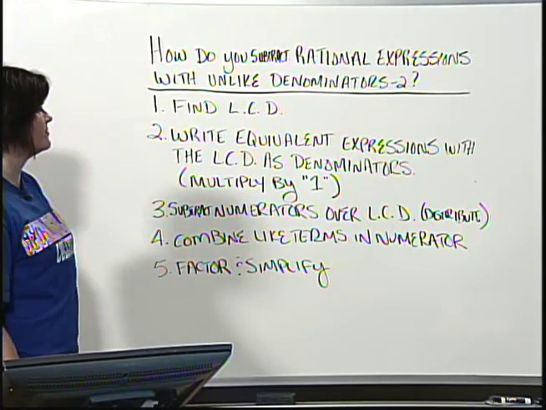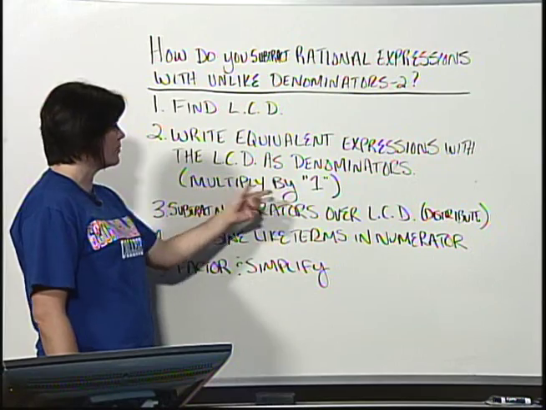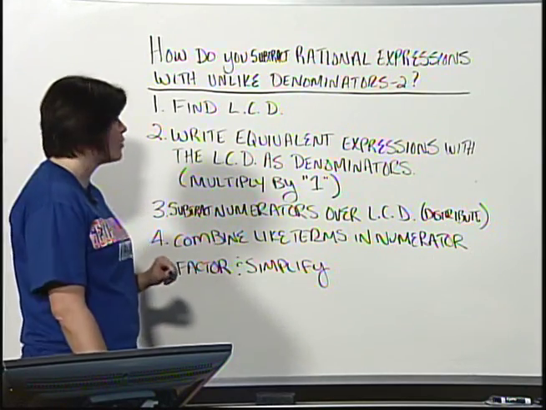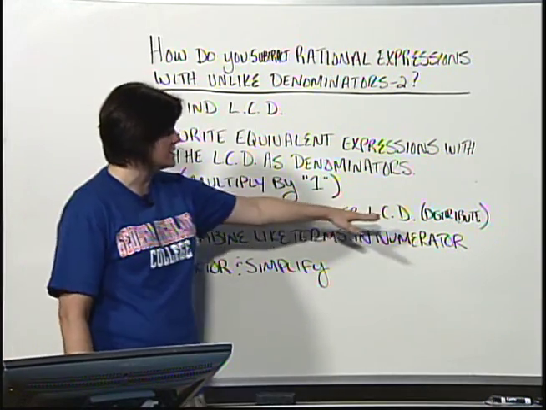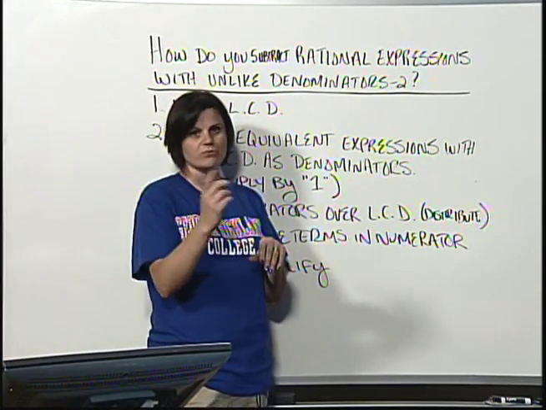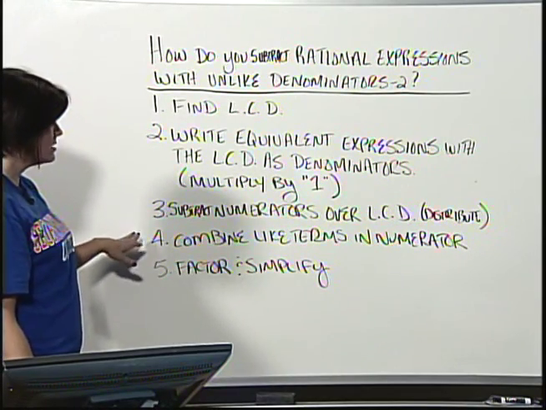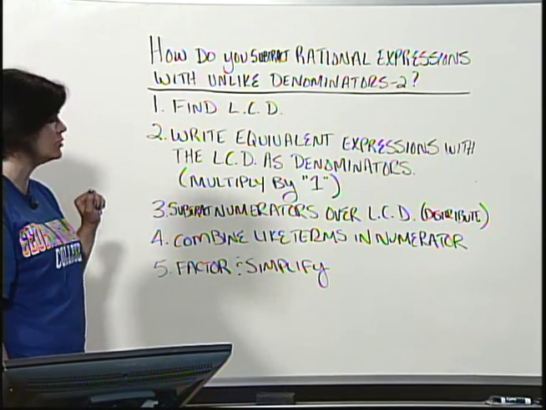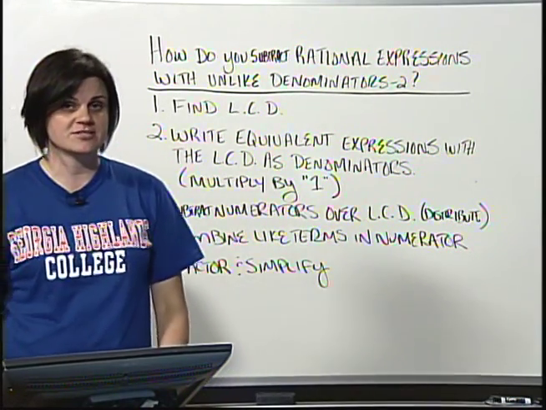You write equivalent expressions with the LCD as the denominator, and you do that by multiplying by the clever form of 1. Subtract your numerators over your LCD, and this means you're going to have to distribute that -1 once you've subtracted. Combine any like terms in the numerator, and finish it off by factoring and simplifying.